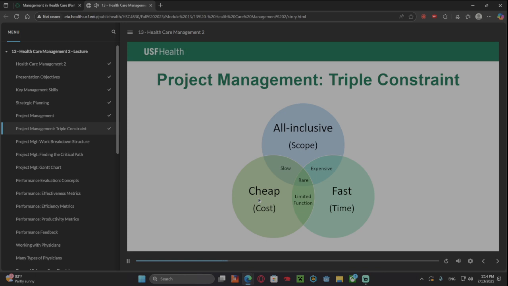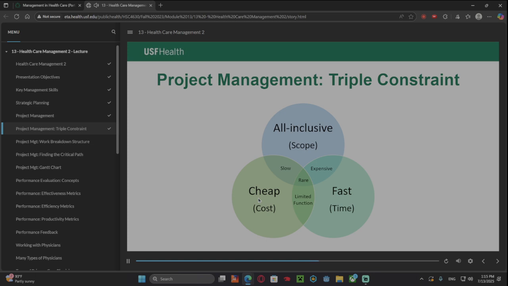As you can see from this Venn diagram, typical constraints include scope, time, and cost. That is, the client will always want a bigger scope than you've agreed upon. The client will want it faster than you can deliver it and cheaper than can possibly be created. So, the idea is to manage all of those constraints.